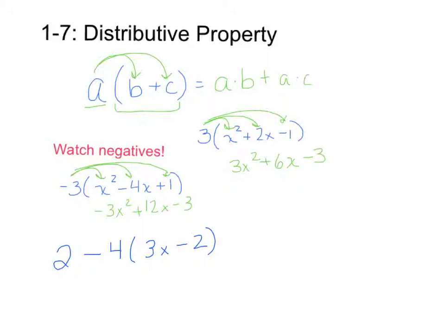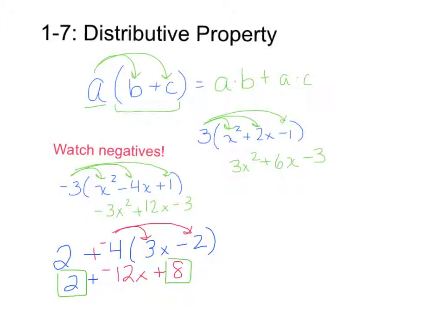What I would encourage you to do is think about this as plus a negative 4. So I have 2 plus, and then if I distribute this, I get a negative 12x, and then I distribute this again, it will become plus 8. I then can combine like terms.